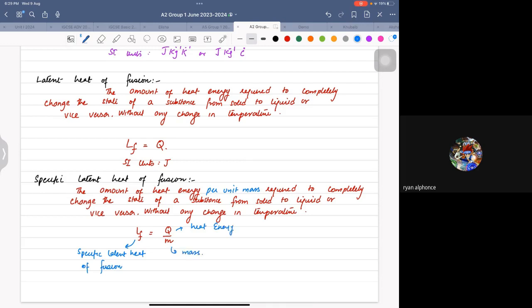These definitions you might have already done in IGs, so it's the same thing. The SI units now will be joules per kilogram, like that. Please write this down. In this chapter, there's a lot of stuff that you need to basically rote learn, a lot of definitions, and some numericals as well. So it's a kind of mixed hybrid sort of chapter.